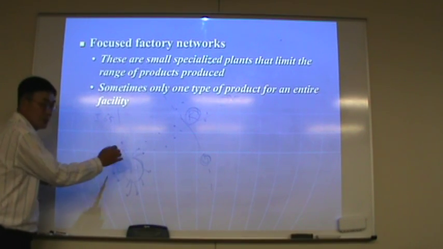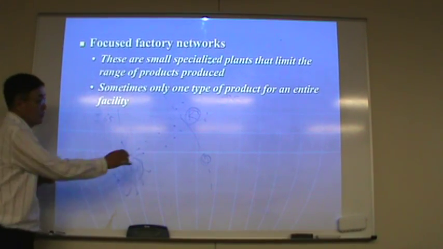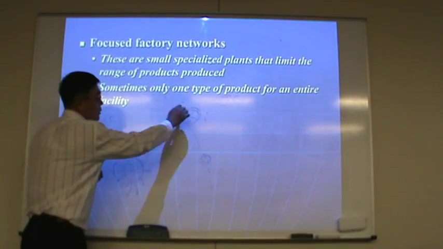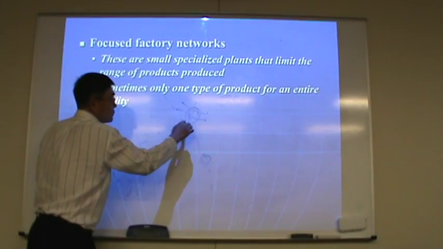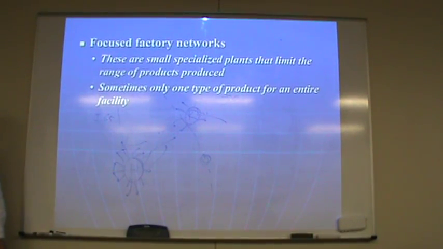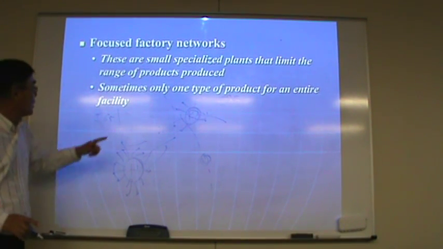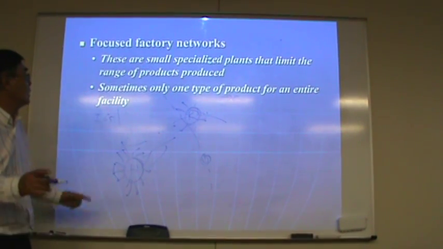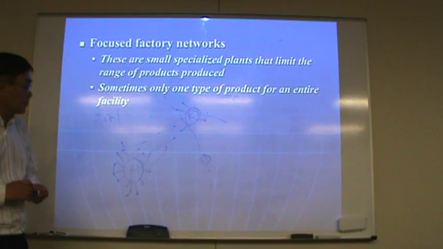Some are connected, they connect themselves like this. It looks like a network, right? We call this a focused factory network. In a focused factory, sometimes there is only one type of product for an entire facility.